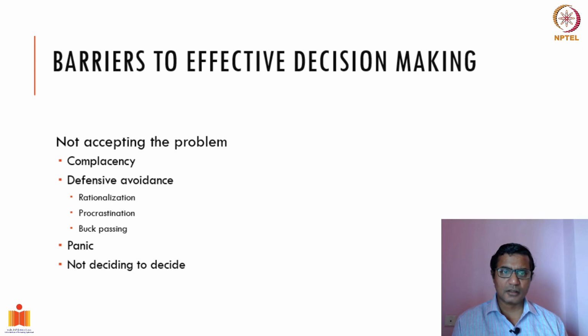I alone cannot make the decision, or we alone cannot make the decision. It's a problem of the government, or a problem of the education institutions, trying to push the responsibility to somebody else. So these are ways of avoiding the problem and trying to postpone decision making.